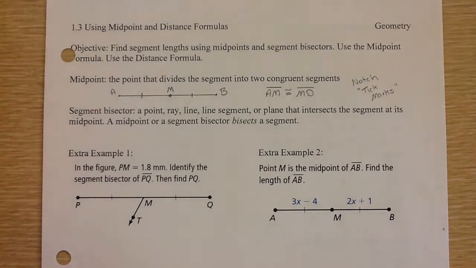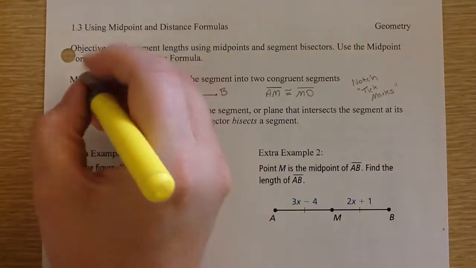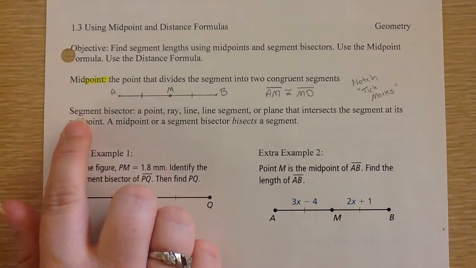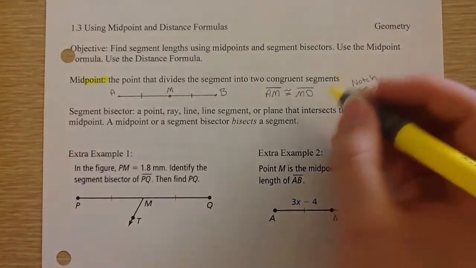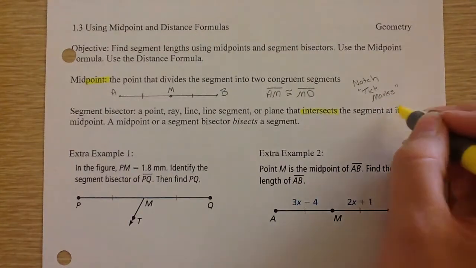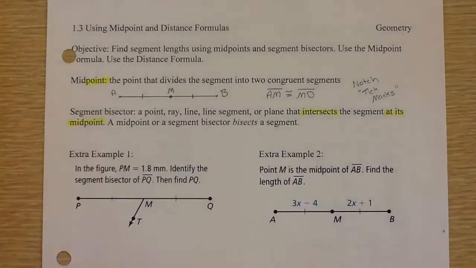So a midpoint, again, highlighting the idea that it's a point. Okay, now if you have either a point, a ray, a line segment, or even a plane that intersects the segment at its midpoint, then we call it a segment bisector. It needs to intersect or go through the segment at its midpoint.